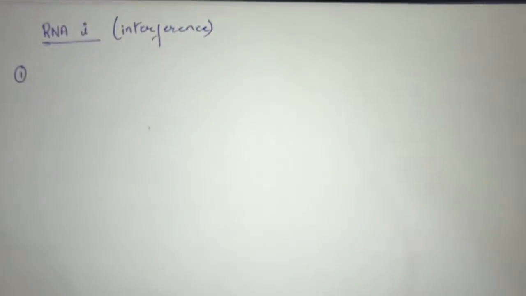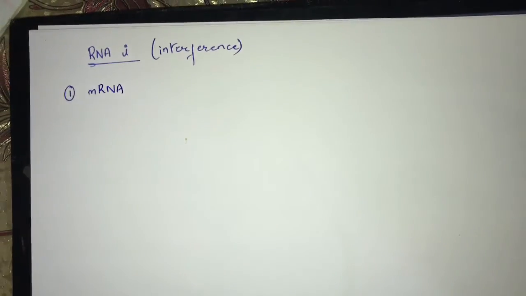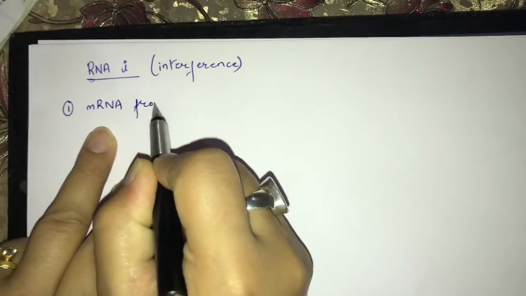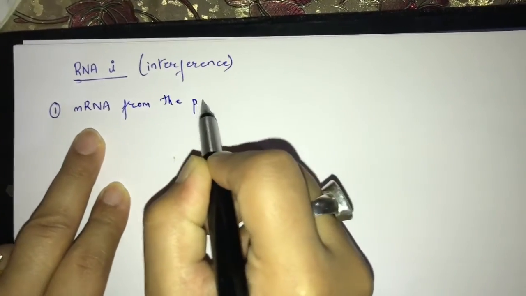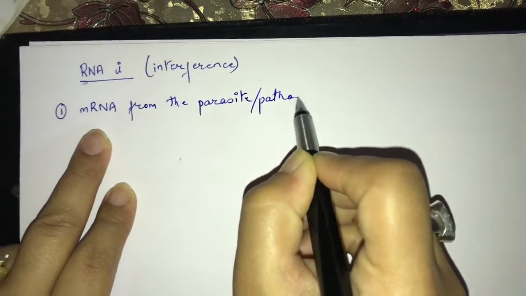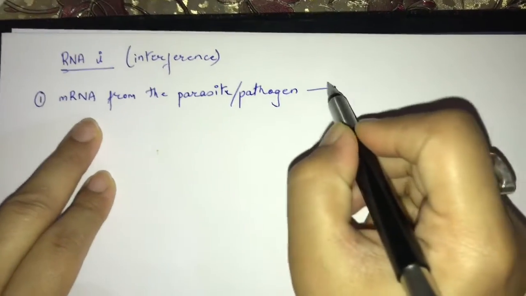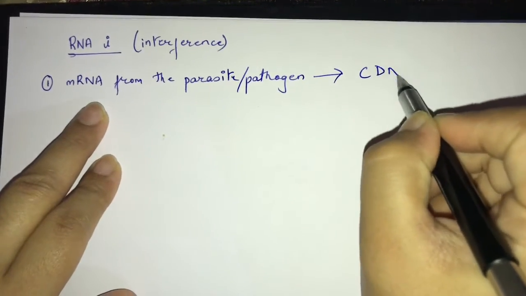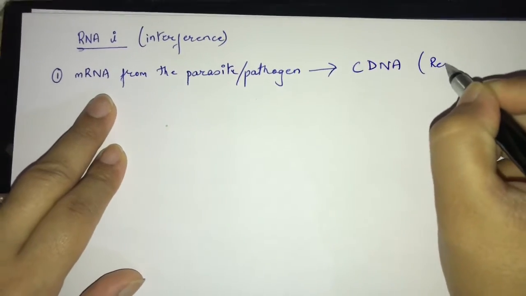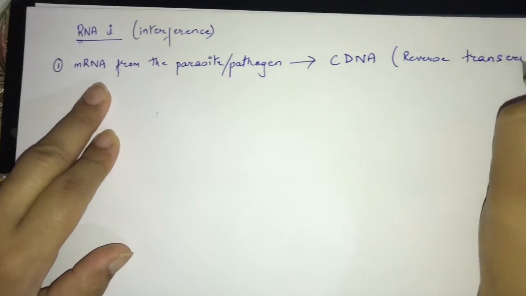mRNA, messenger RNA, from the pathogen or the parasite is converted into cDNA. mRNA from the parasite means the disease causing organism or pathogen. mRNA from parasites or pathogens is converted into cDNA by the process called reverse transcription.